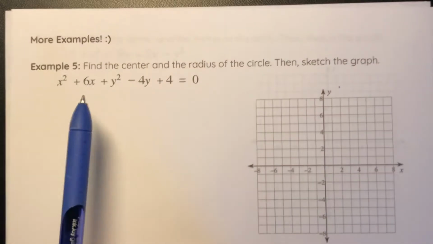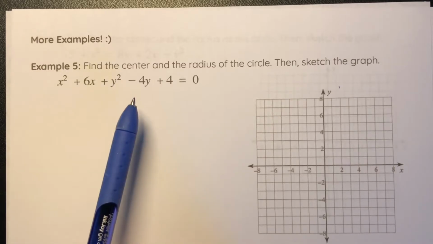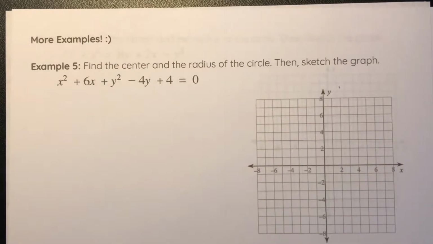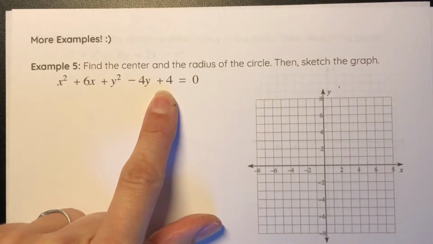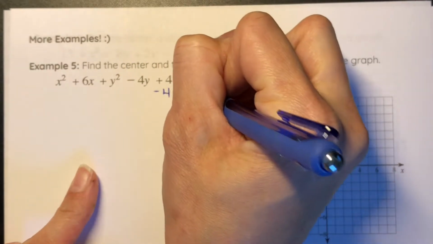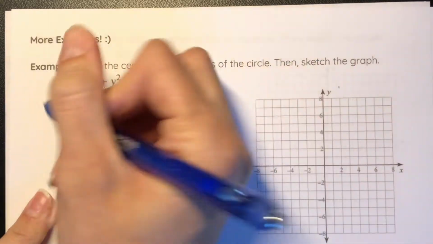The first thing I do is make sure all of my x's and y's are on the left-hand side, and all of the constants are on the opposite side. I can see a constant that is not supposed to be there, so my first step is to eliminate that constant by moving it to the right-hand side.